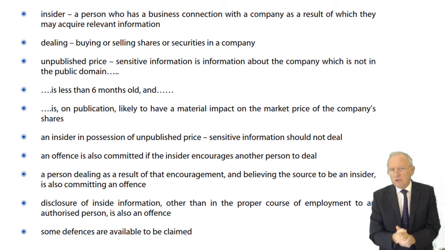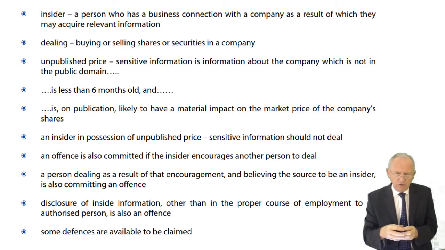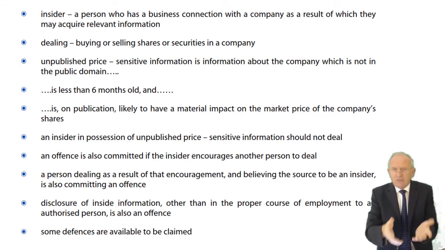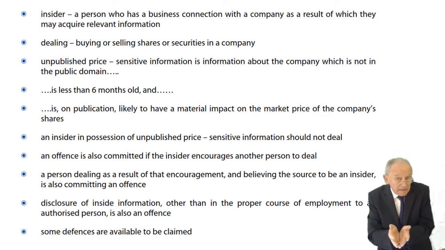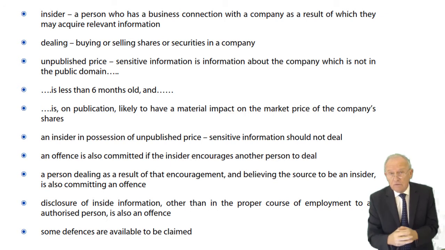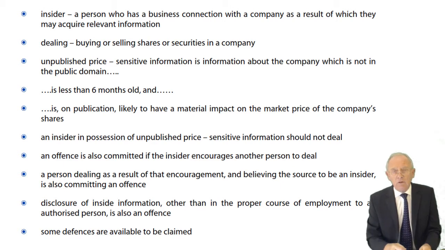It's not generally known to the public. And it's price sensitive, so that if it were to be generally known to the public, upon disclosure to the public, it is likely that publication of this price sensitive information will have a material impact on the market price of the shares or the securities of the entity involved.